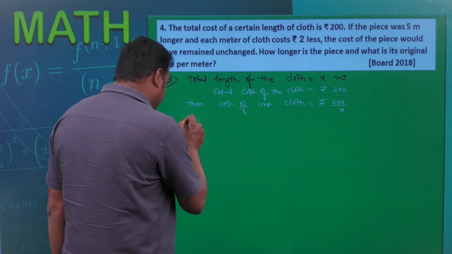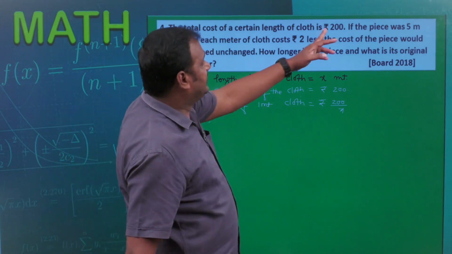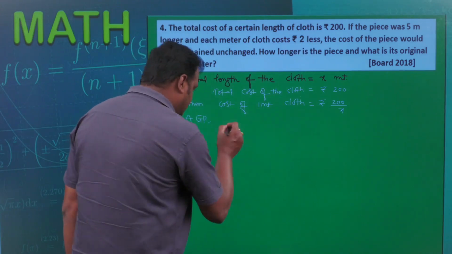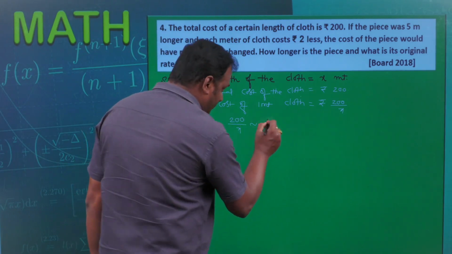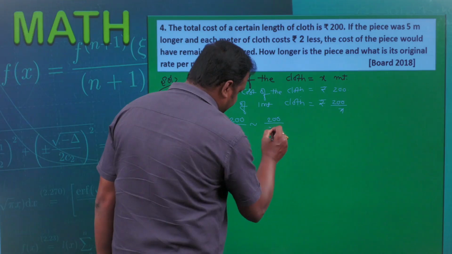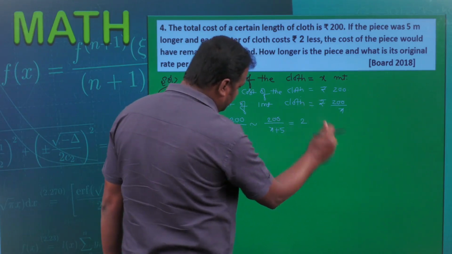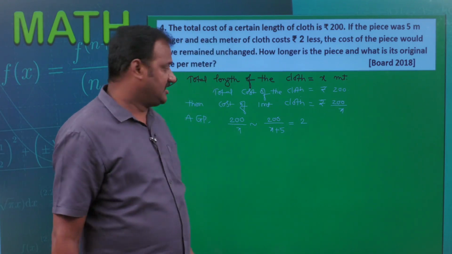So according to the given problem, now the new cloth is going to be 200 divided by x plus 5. So 200 divided by x plus 5, the difference between both the costs is going to be 2 rupees. This is the symbol for a difference.